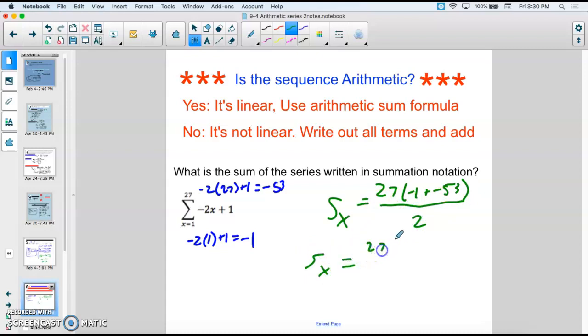So I get 27 times negative 54. Oops, sorry, negative 54 divided by 2. And my sum, let me grab a calculator here, 27 times negative 54 divided by 2, negative 729.